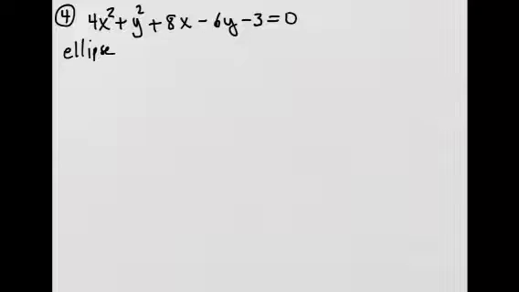So now, this is where we do completing the square first, because we have to change it from general form to standard form. So put your x's together in standard form, so that's 8x. And then give yourself some space, y squared minus 6y, and then this is 3.